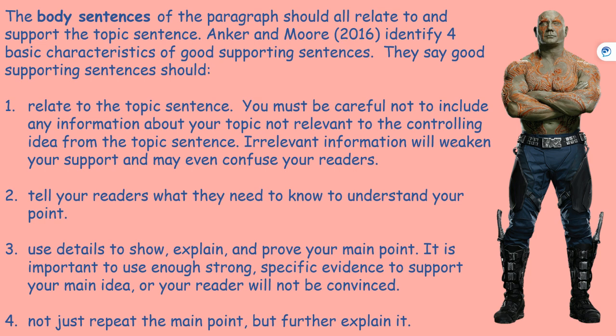But if I want to convey that the day was beautiful, I might use that, I guess, as my topic sentence. The day was beautiful. And then my supporting details, as number three tells us, they need to be very specific and very strong. So I might say the sun was shining and the sky was blue. There was a warm breeze in the air. Birds were flying overhead.